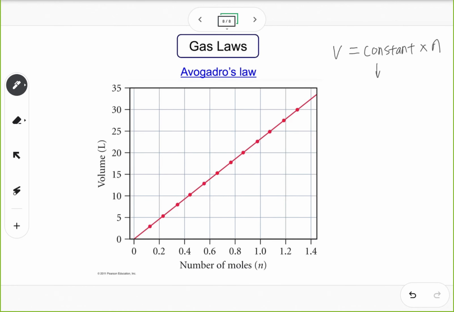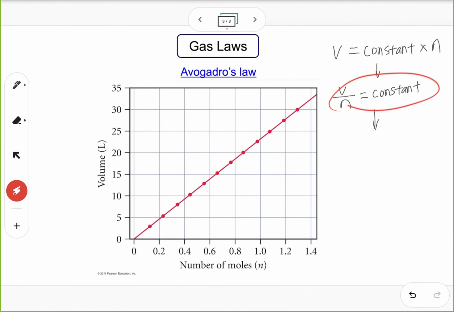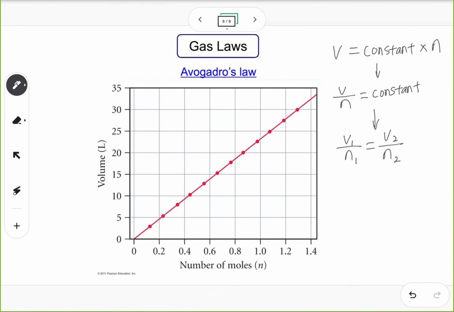Here, constant means pressure and temperature should be the same. Let's talk about V and N at the two different states. According to the equation here, V1 over N1 equals V2 over N2. So these are the 4 sub-gas laws.